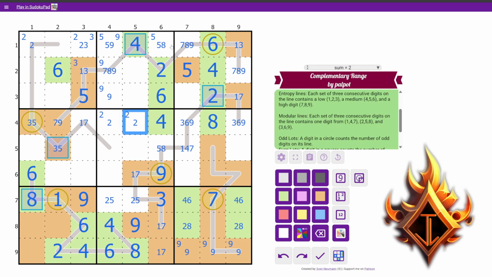Then we'll have a 6 in one of these. So that is okay. We're running out of places to put... Well, no, we're not.